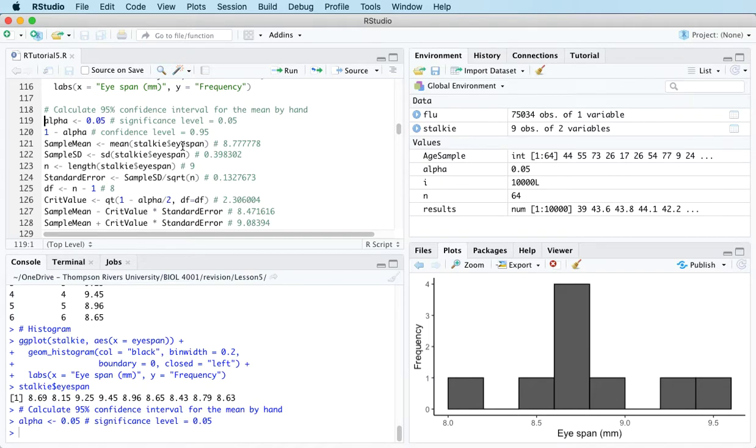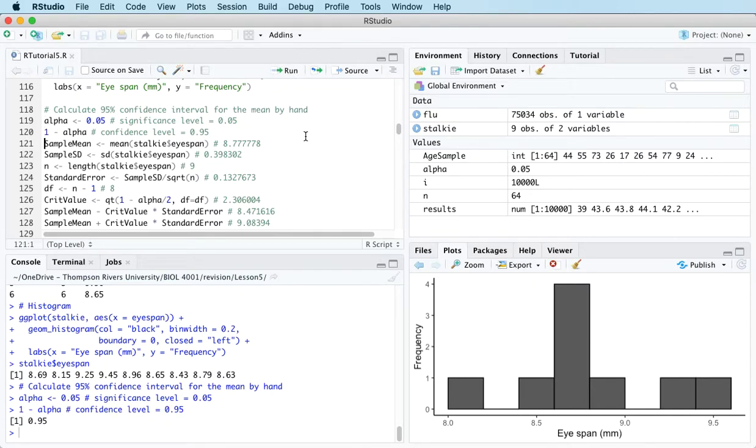So a 0.05 significance level is equivalent to a 0.95 or 95% confidence level. Okay, so if alpha is 0.05, then 1 minus alpha is 0.95, and that's our confidence level.